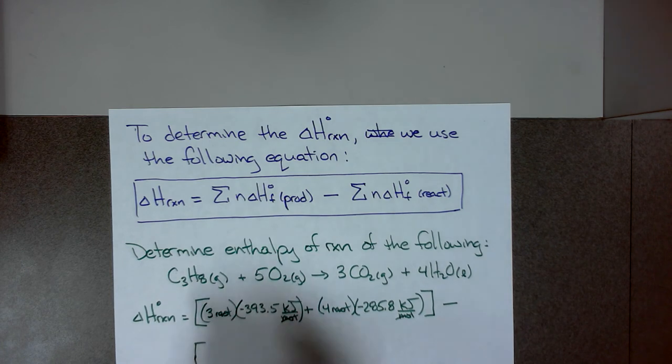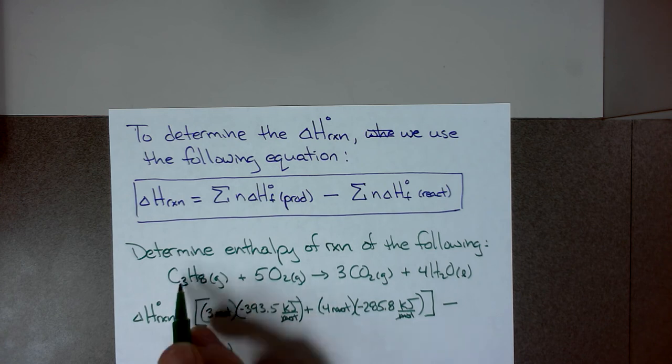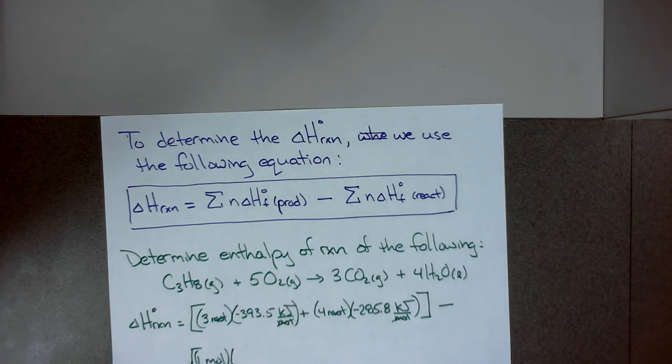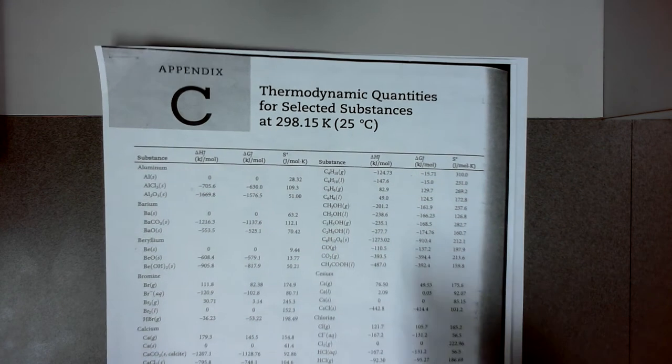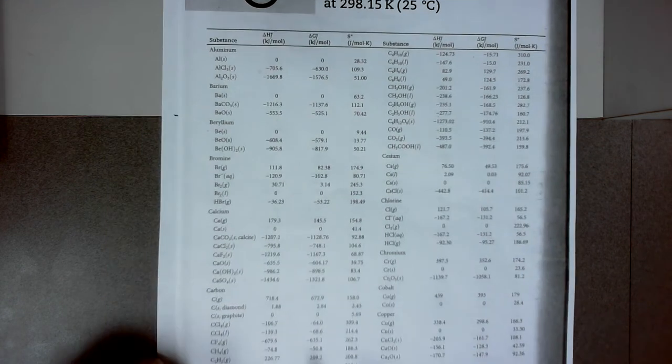So I have 1 mole of the propane, and the value for propane, C3H8, that's going to be right here. I know you probably can't see it on the video, but trust me, that's the value.